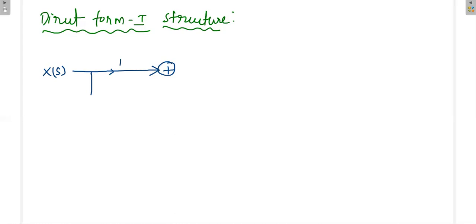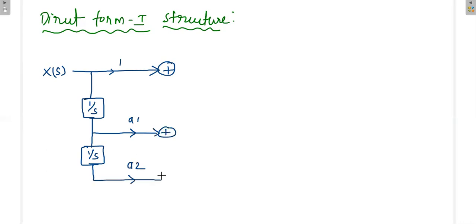Then you use an integrator separately at the input side, one integrator, one time integration. Again, second integration, 1 by s. Then you multiply this with a1. Again, one more summation. Again, you multiply this with a2. Then it goes here.